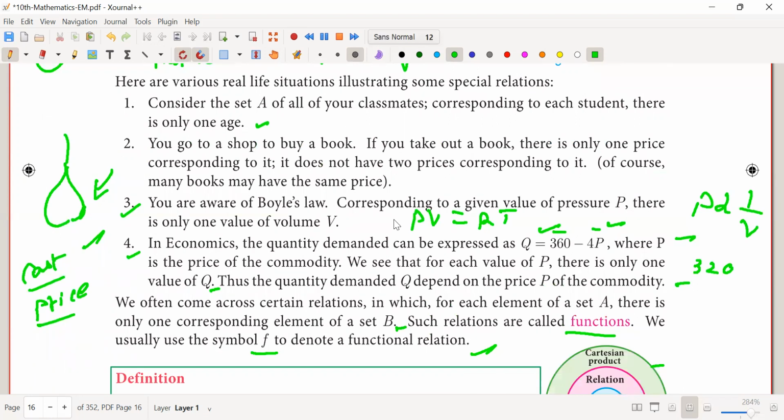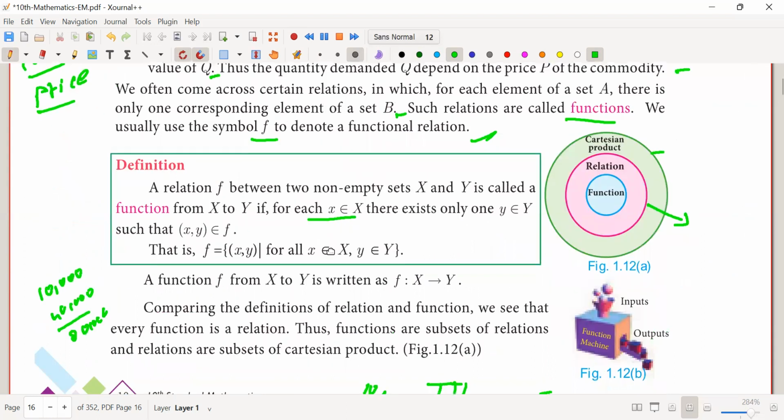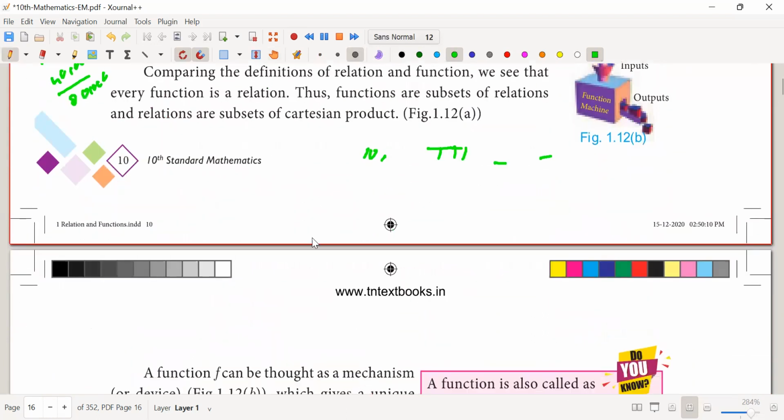But in a function, every element of set A should be mapped to only one element of set B. All the elements can be pointing to only one element also. It's not a problem. But it has to be pointing. All right? That we have to understand.